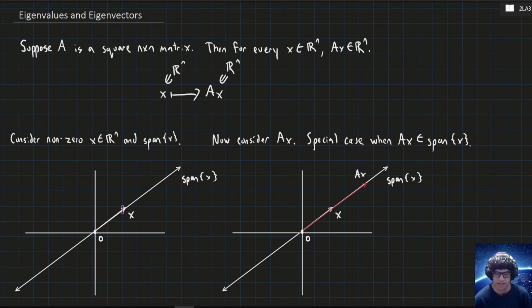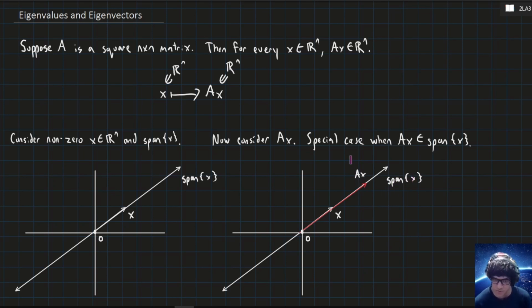So where could Ax be? Well, it depends on A. It could send x anywhere. It could send it here, could send it here, could send it way off. But it could send it to the span of x.